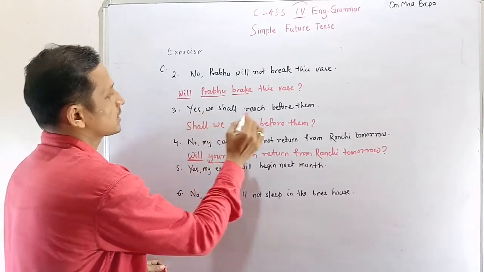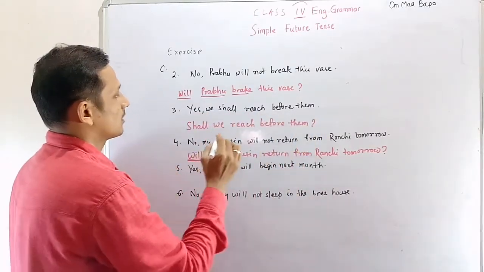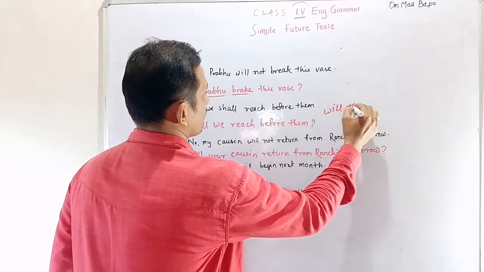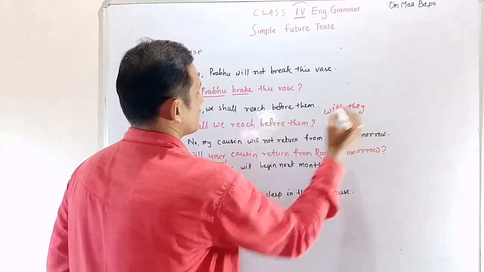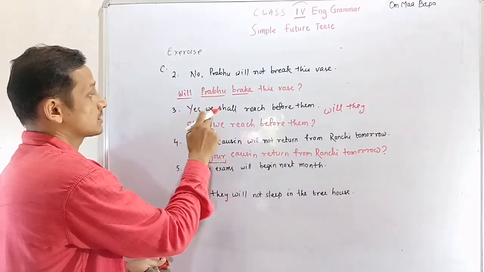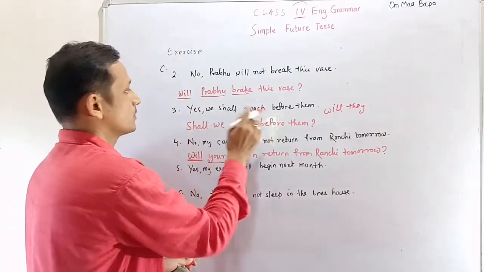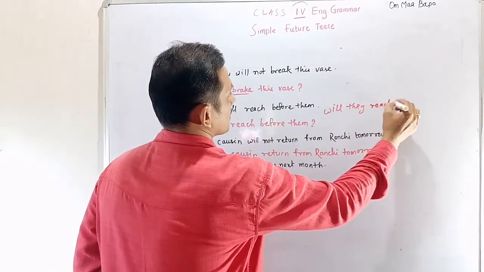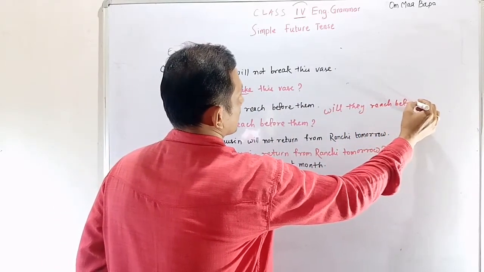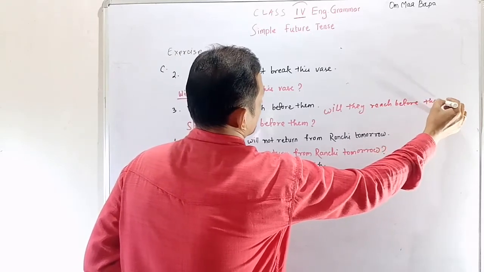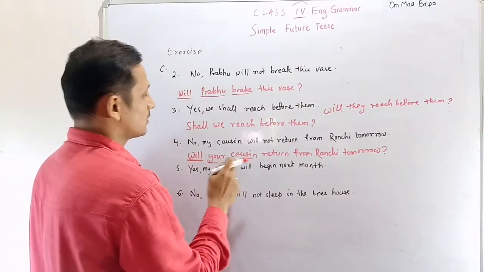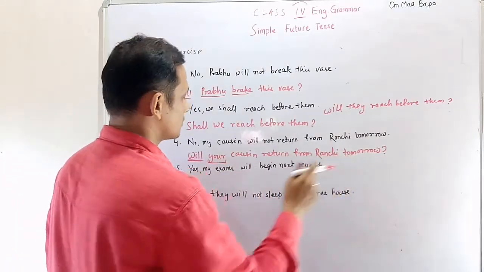Yes, we shall reach before them. Will they reach before them? Since it's a question, the answer is we. Yes, we shall reach before them. Will they reach before them? This one also is correct.